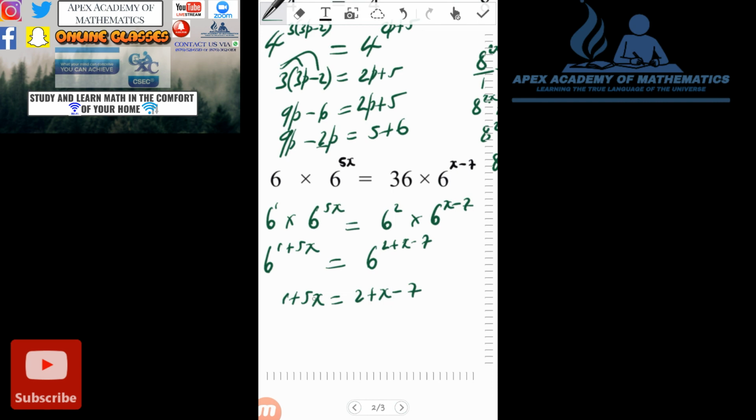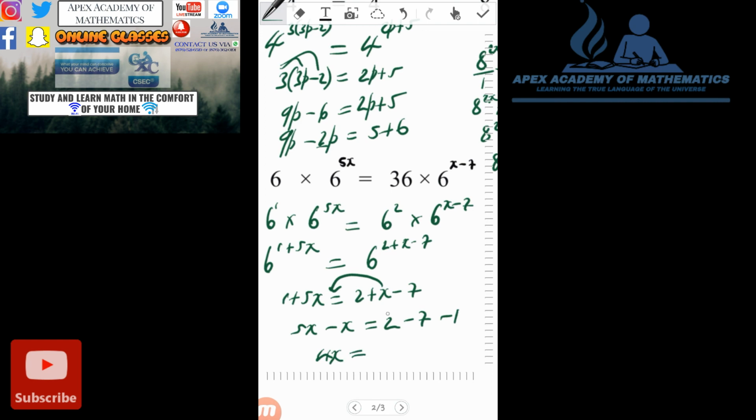So we have 5x over here, and we're going to bring that x over that side, so it becomes minus x, and that's equal to, let's leave the 2 over here, and let's leave the minus 7 over here, and we're going to bring this positive 1 over here to become minus 1.